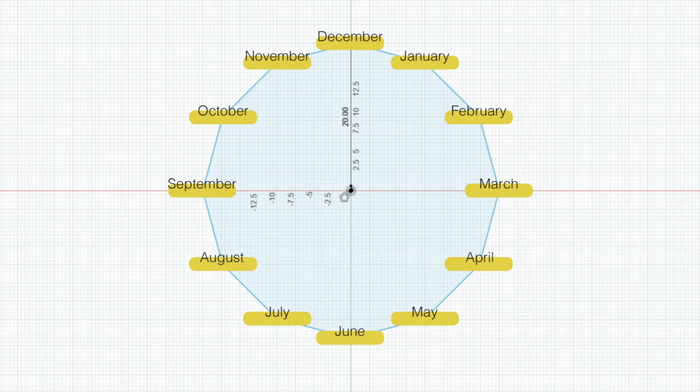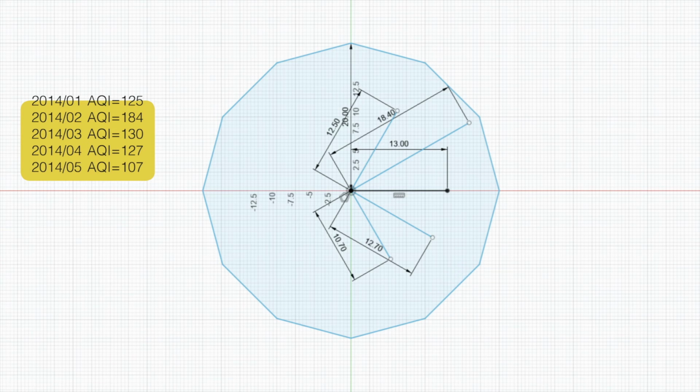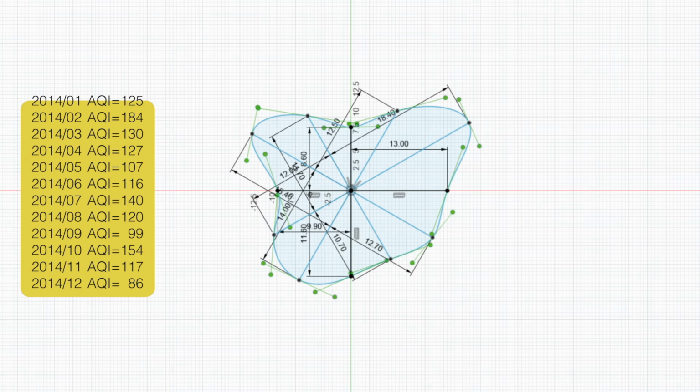The first step of the generative operation is to split the 2D sketch into 12 equal segments. Then, I use each month's average AQI data to drive the length of the radius. Once I have 12 months of radii, I use the spline curve to connect each vertex.